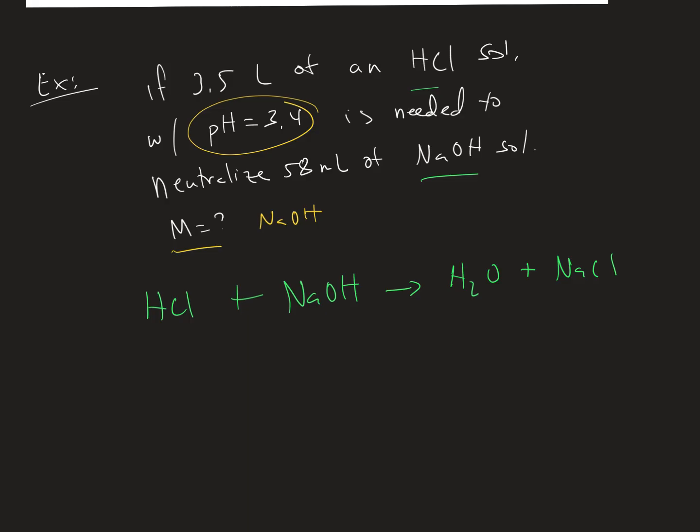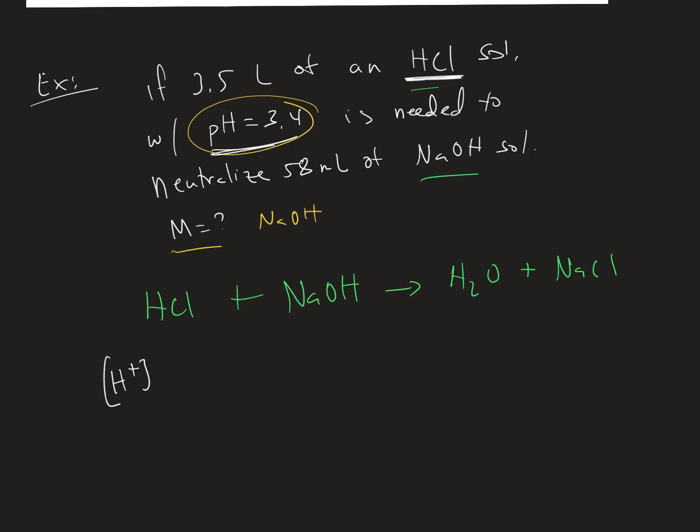So let's just start. We have pH. What can I find if I know my pH? My H plus concentration. And it's the pH of my base. Sorry, of my acid. So I'm finding H plus. If I had the pH of my base, I would have to find the OH first.